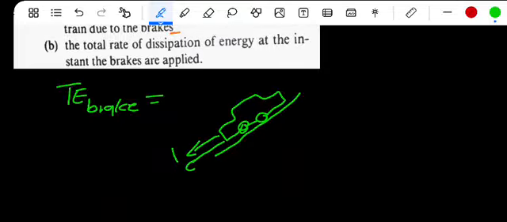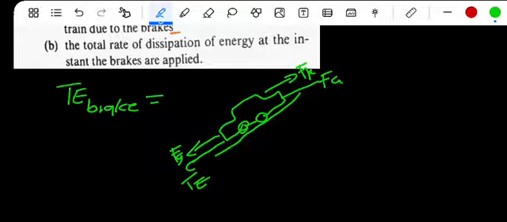As I'm going down, I will have FG, obviously always acting downward. Then we know this side will have our FR and FA.